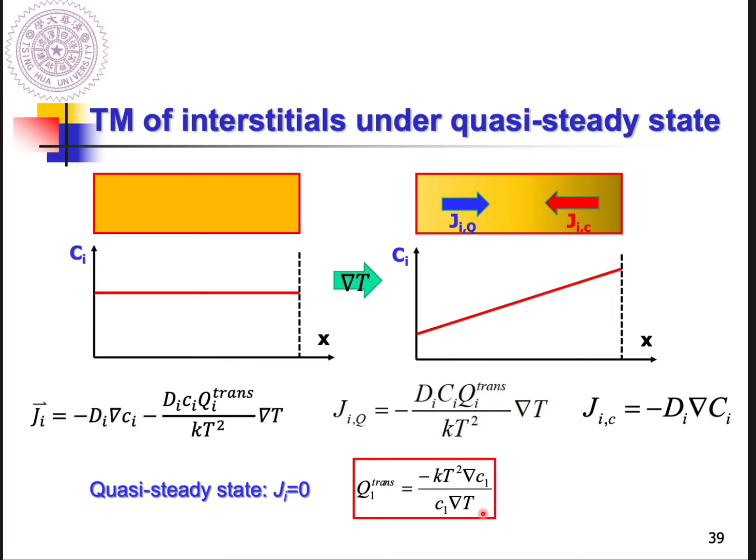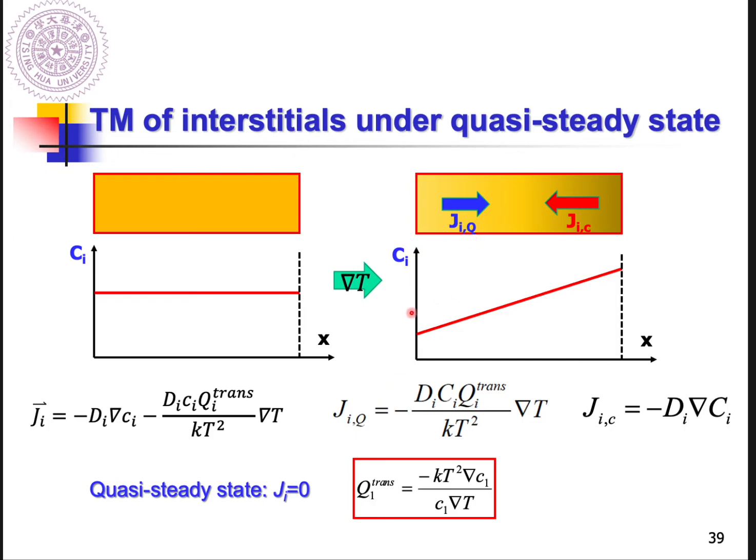But here, some people will probably consider one thing: what about the direction of the temperature gradient you apply on the system? Based on these figures, we know the direction of the concentration gradient or the direction of the temperature gradient matters for the sign of the heat of transport. What's the relationship between these?